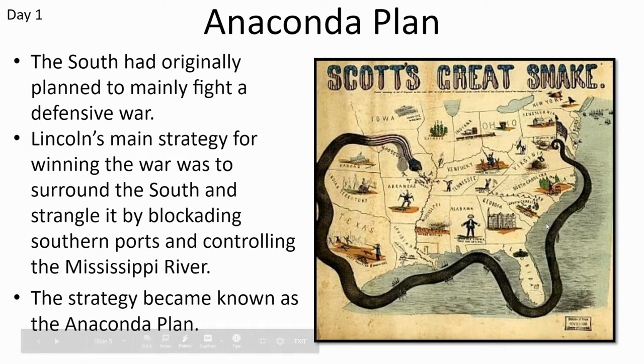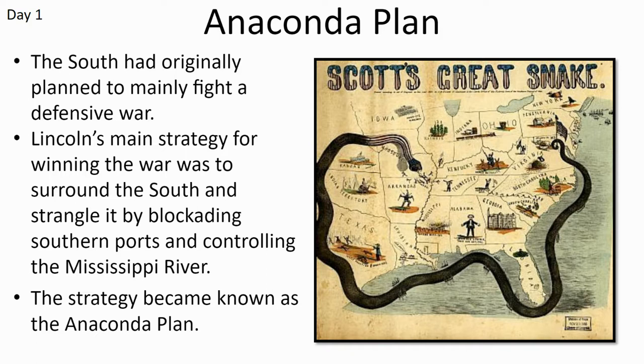So they're going to basically be on their own throughout the war. They're not going to receive aid from Great Britain or France. They're going to blockade any sort of travel between the South, between states like Virginia and South Carolina or Georgia. They're going to keep that from happening. They're going to make them have to travel by foot, which is much, much slower.